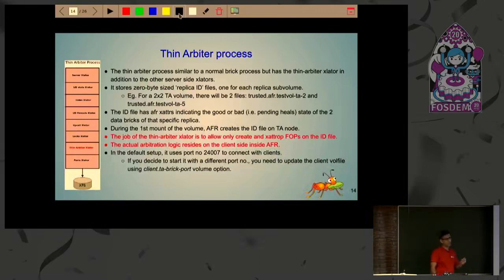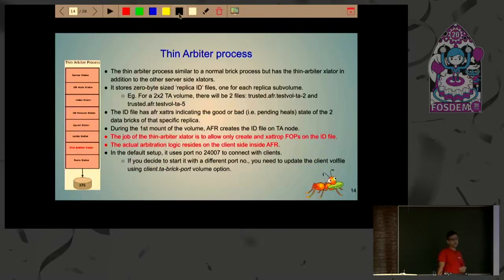So if you have mounted a gluster volume, the way the mount logic works is when you issue the command mount -t, blah, blah, blah, the server name and the volume name, the client initially talks to gluster-D and gets the information about the vol file and then connects to each of the bricks using a particular port number. But because on the thin arbiter node we are not hosting any gluster-D process, we need to hardcode a port number.